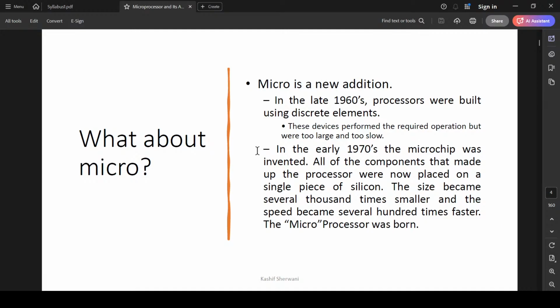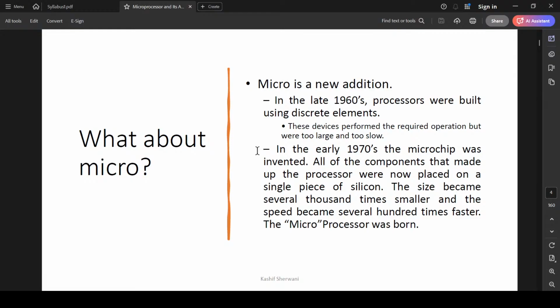Let me give you the context. There was this company, Fairchild. This company used to manufacture gates, like NAND, XOR, these types of gates, and they are still present in our labs. I was just using one of them and got to know the company's name.